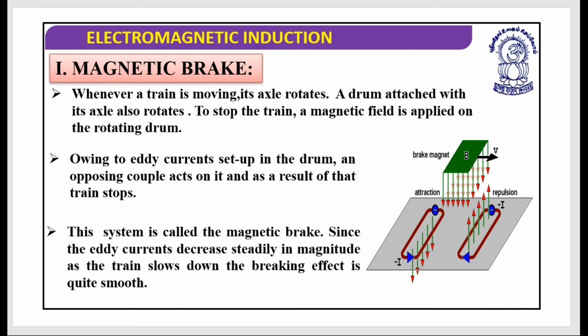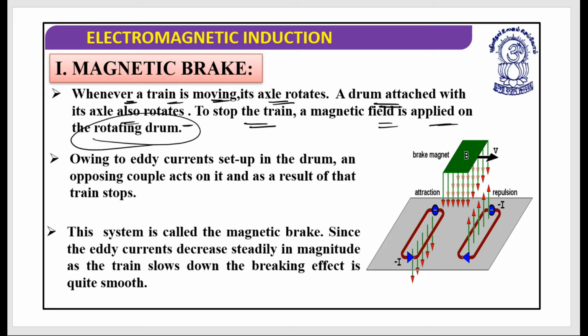What is it and how does it work? Whenever a train is moving, its axle rotates and the drum attached to the axle also rotates. To stop the train, a magnetic field is applied on the rotating drum. Let's suppose you need to apply a brake on the train.